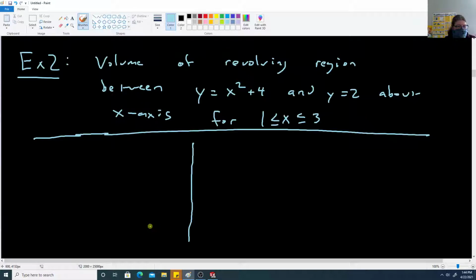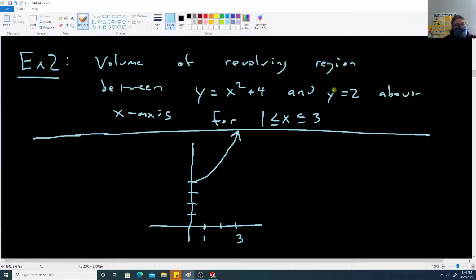We're looking at x squared plus 4. It's the basic parabola shifted up 4. So we're going to draw the positive side of the parabola shifted up 4. Since we're only looking at the region 1 to 3, we're only interested in what's going on from 1 up to 3.